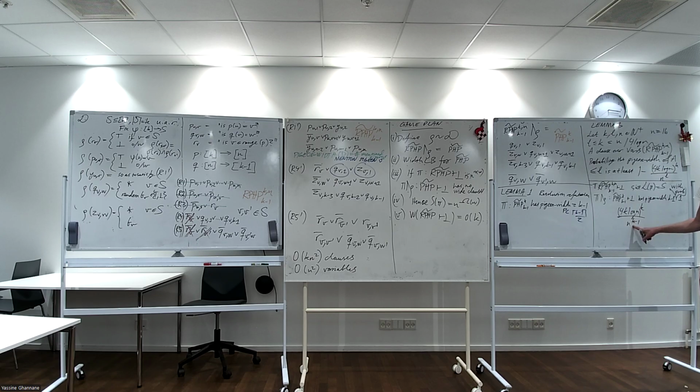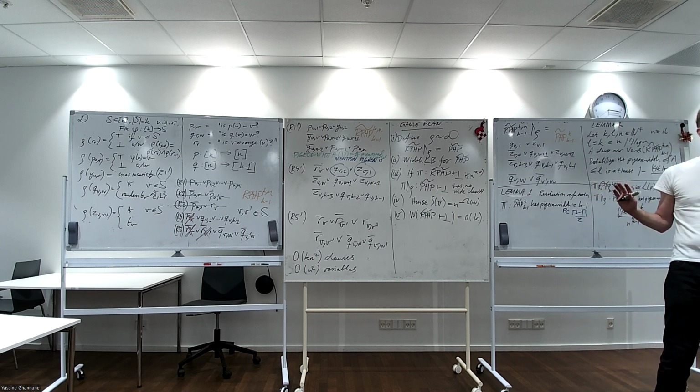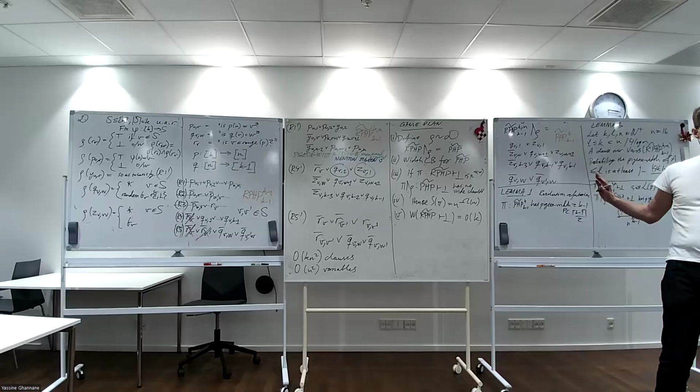What is the probability that some clause in the proof has this large pigeon width? Well, I don't know. These are highly dependent events, but we're given an upper bound. The upper bound of the union of S different events happening is just the sum of the probabilities of the S events.